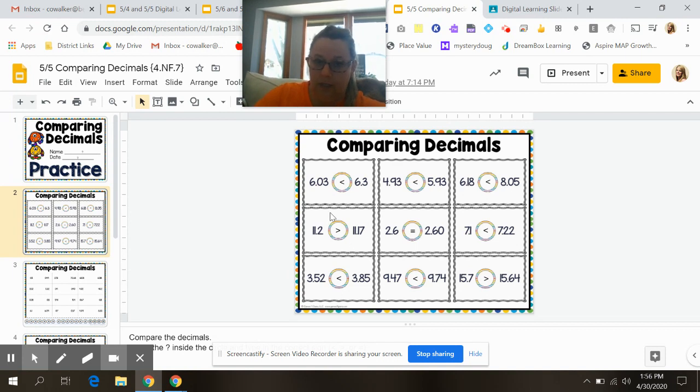Now, when we move down here to 11 2/10 and 11 17/100, that becomes a little bit more tricky because we have the same whole number of 11, but now we have 2/10 versus 17/100. But something I want you to think about is, what is that 2/10 equivalent to? If I were to write 11 2/10 as a decimal, this is what it looks like.